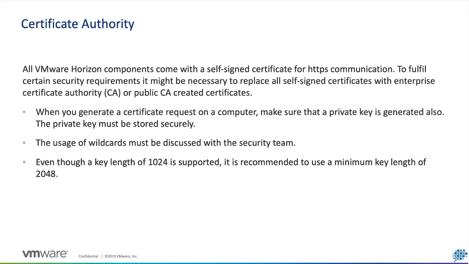The problem here is that the end user or other components do not really know who has signed this SSL certificate and therefore do not trust it by default. What we need to do here is to replace those self-signed certificates with an enterprise certificate authority signed certificate or a publicly recognized certificate. So that's what we need to do, and that's where we need to consider certain things.